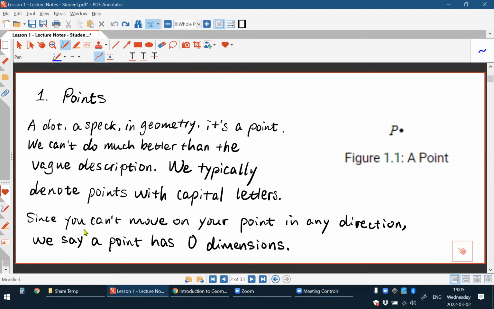And also note that since you can't move your point in any direction, a point is just a point. We say that a point has 0 dimensions. Okay, so be careful with this. A point has 0 dimensions.